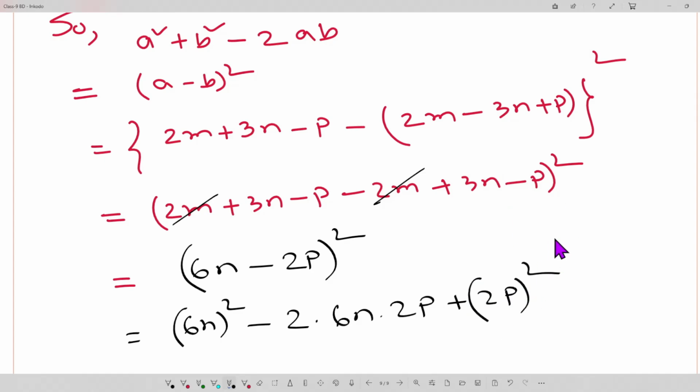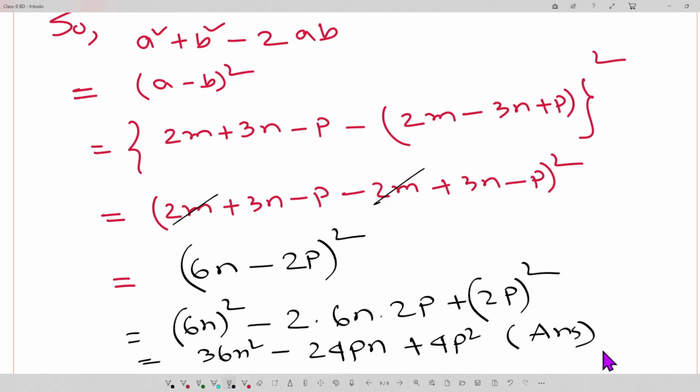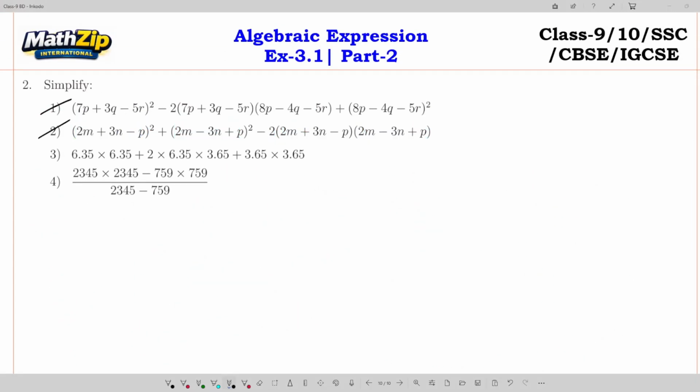Finally we will get 36n square. 2 times 6 is 12, 12 times 2 is 24. So minus 24pn plus 4p square, and this is our answer.